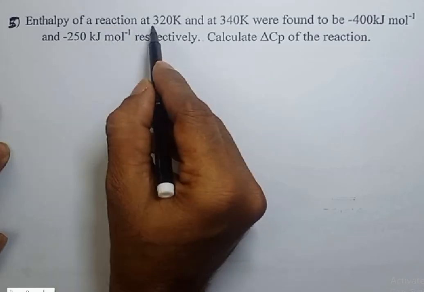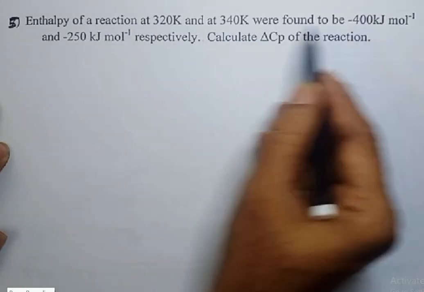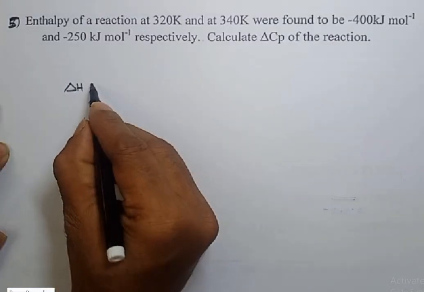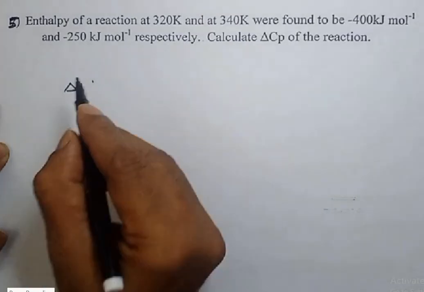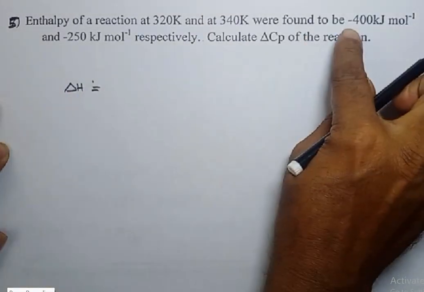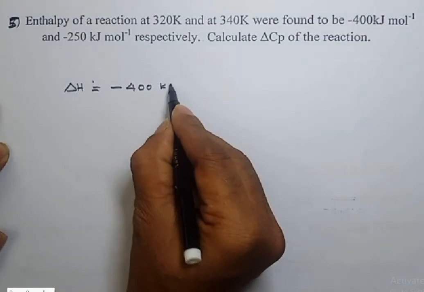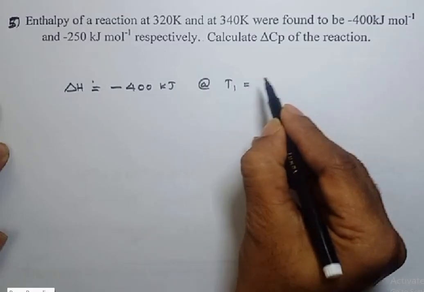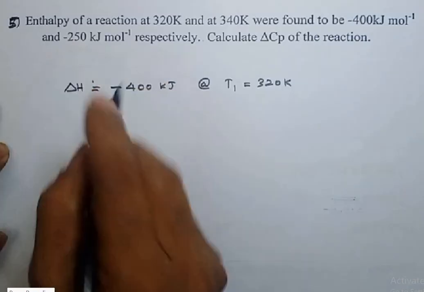Enthalpy of some reaction at temperatures of 320 Kelvin and 340 Kelvin are available. So enthalpy of reaction is equal to minus 400 kilojoule at temperature, let me take it as T1, 320 Kelvin. Then another enthalpy is given.